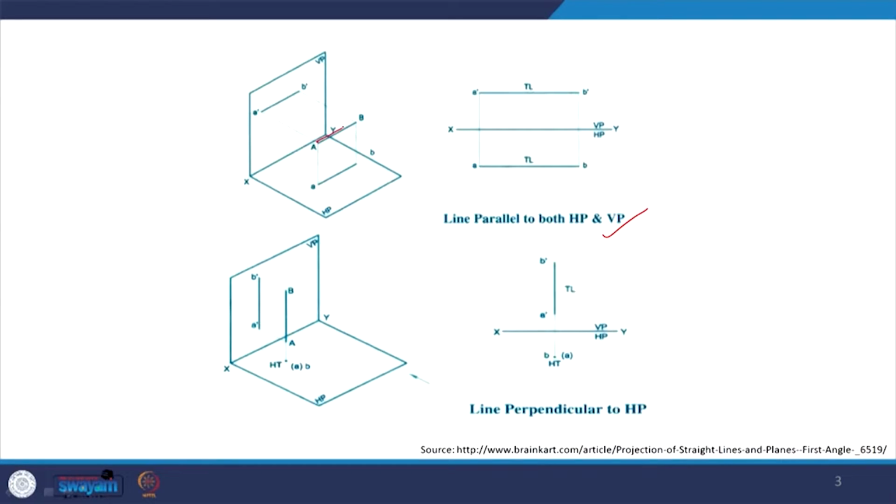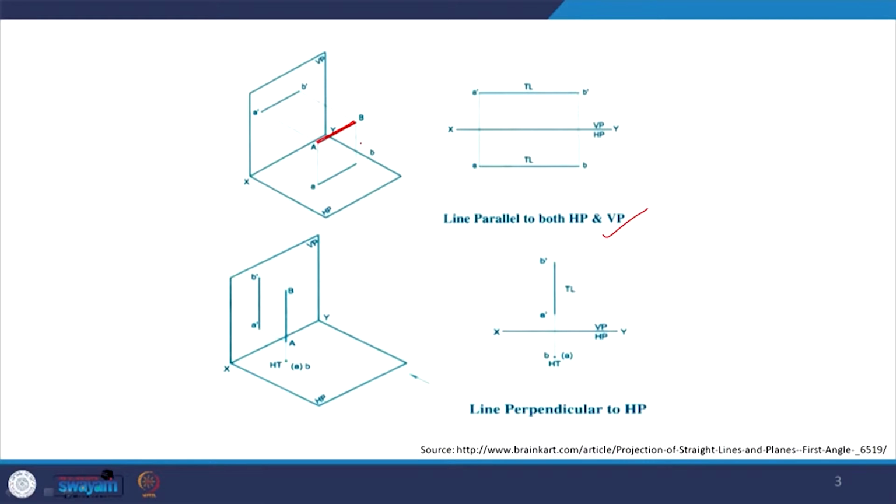So now in this case, this line is parallel to both VP and HP. So we will be seeing the true dimension of the line in both HP as well as VP. If you look at the screen, this is the line that we are talking about. It is parallel to both VP as well as HP.